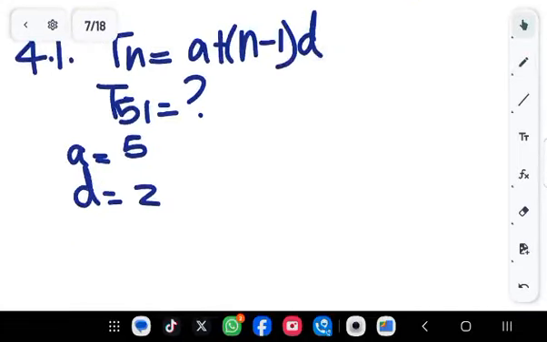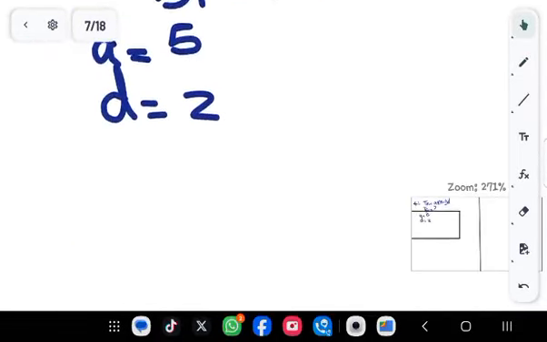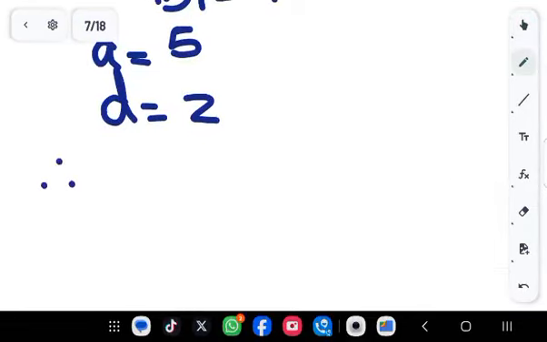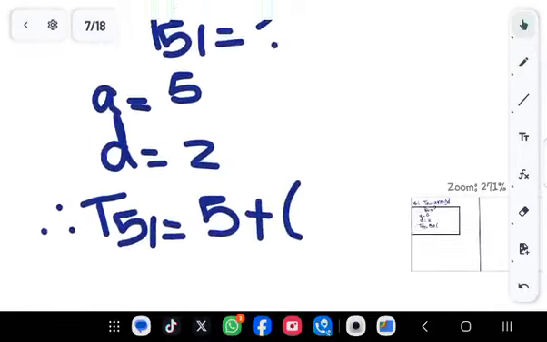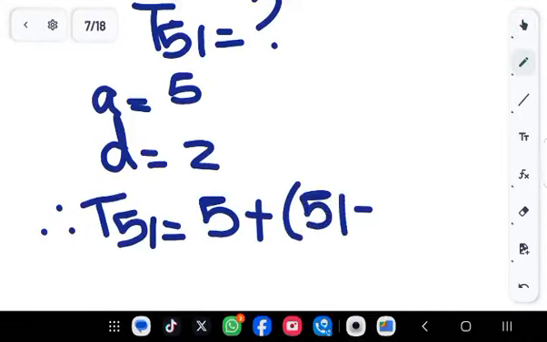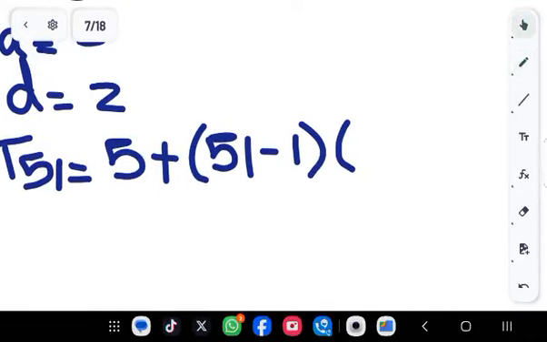Now let's use this information to substitute back into the general equation. Therefore, T51 equals a, which is 5, plus n, which is 51, so that is 51 minus 1, times d, which is 2. Take out a calculator. Let's calculate that.